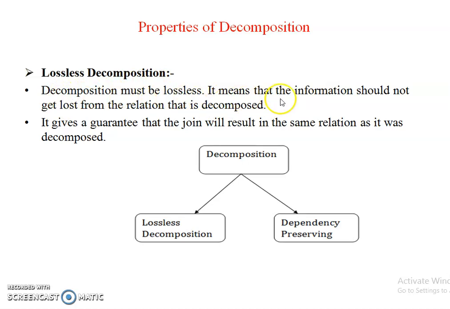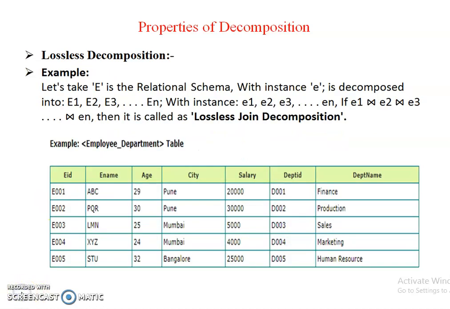It means that the information should not get lost from the relation that is decomposed, and it guarantees that the join will result in the same relation as it was before decomposition. When a relation is decomposed into several relations, it is essential that the decomposition does not lead to any loss of information.